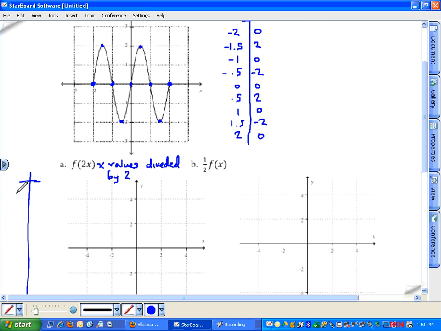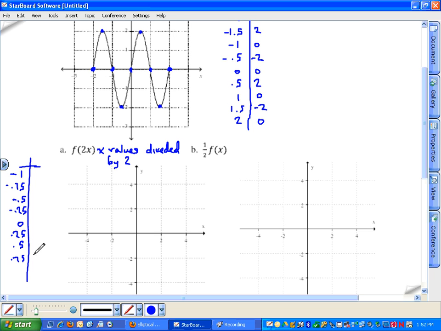So the negative 2 becomes a negative 1, negative 1.5 becomes a negative 0.75, and then negative 0.5, negative 0.25, and so on. And the y values remain unchanged.